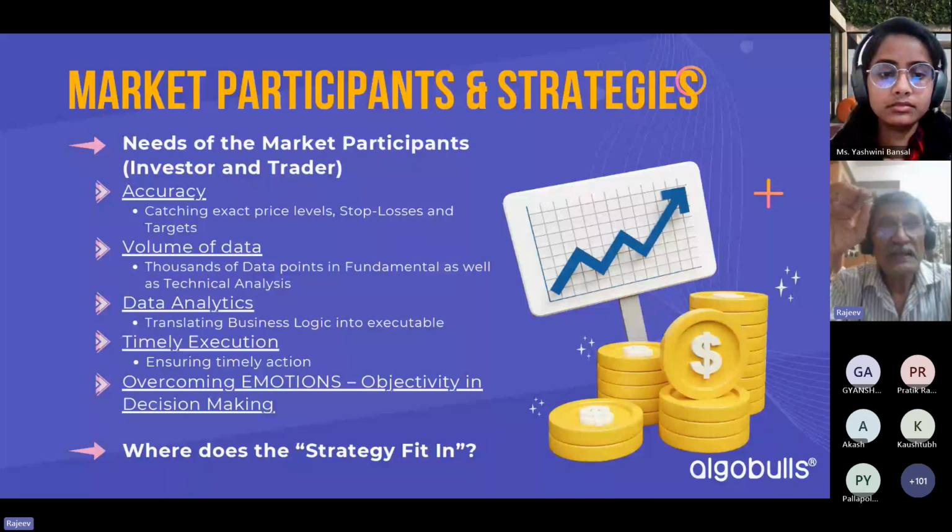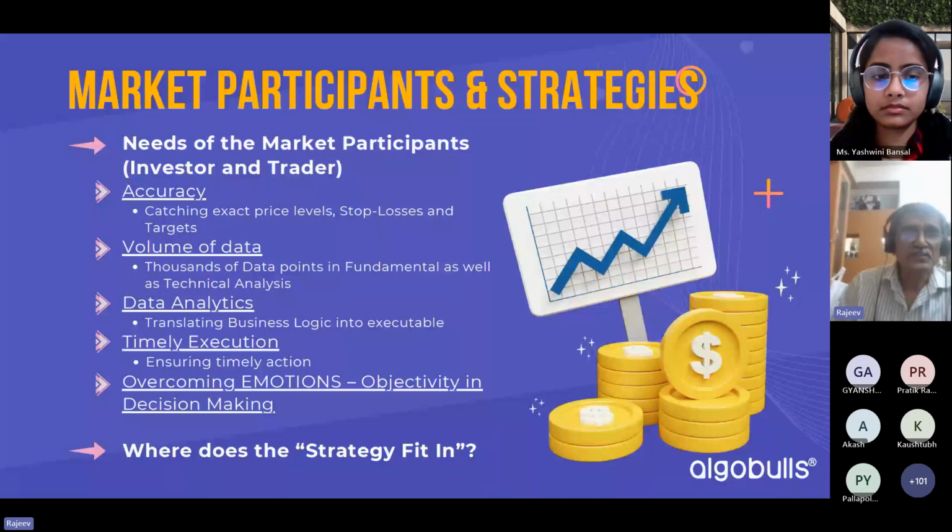And the next is the data analytics. We have to translate that data by applying appropriate algorithms and coming out with the proper heuristics, you may call it, or you may call it a well-defined scientific process.